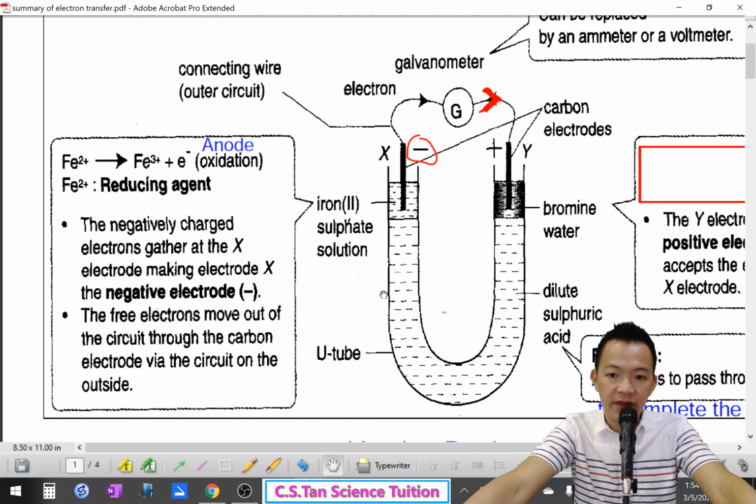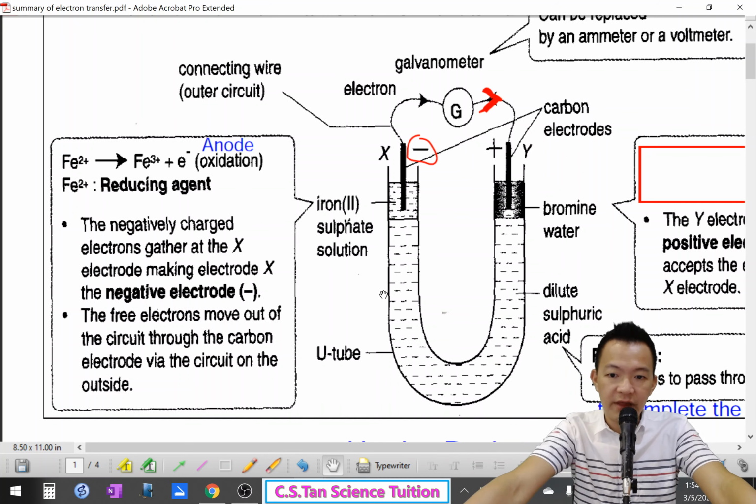So now, a summary for the transfer of electron at a distance for the reaction between bromine water and iron 2 sulfate.